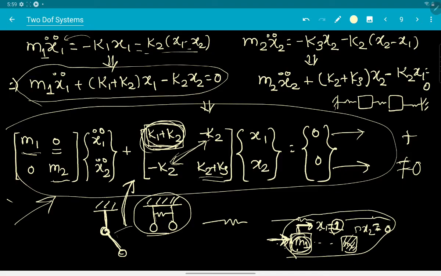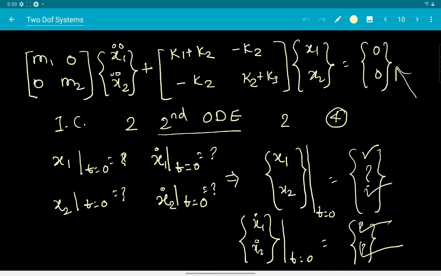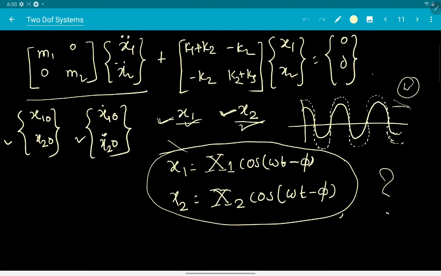So when you have stiffness coupling, this is the set of equations, how they look. Now in this, x1 and x2 were unknown. This particular slide is telling us that we obviously had initial conditions specified along with these differential equations. Now we further assume that both x1 and x2 are harmonic and synchronous.